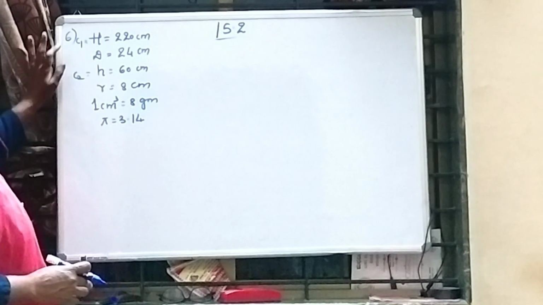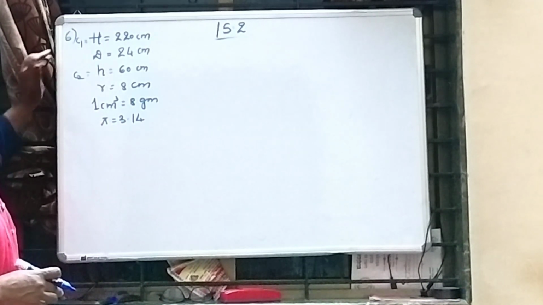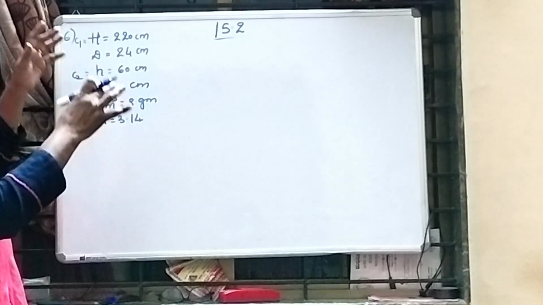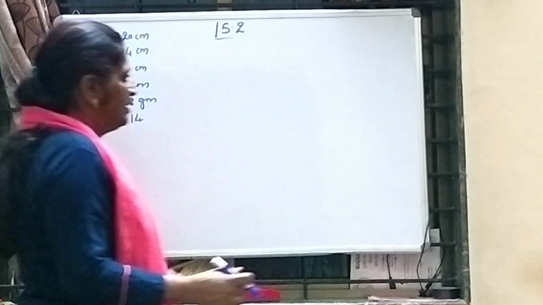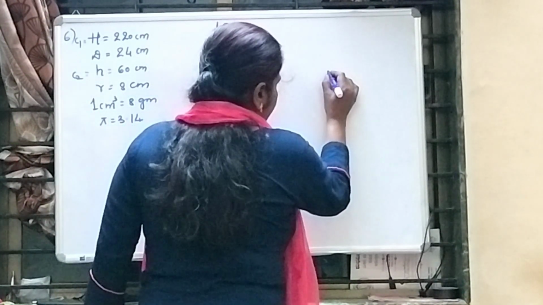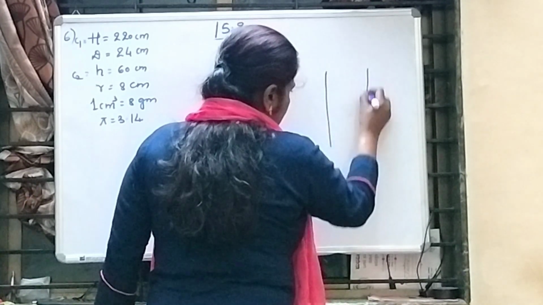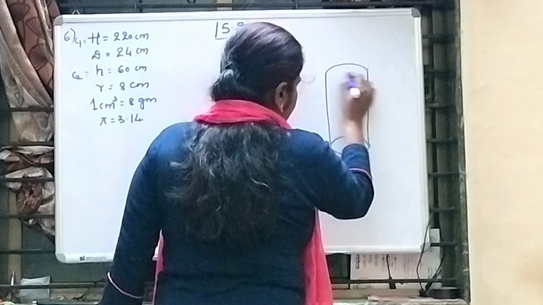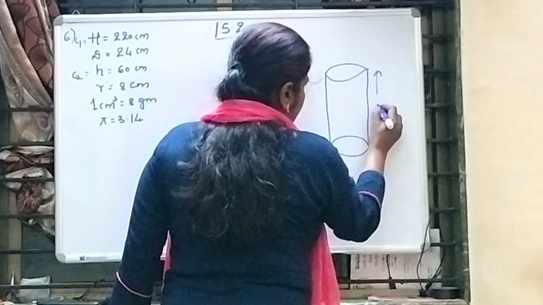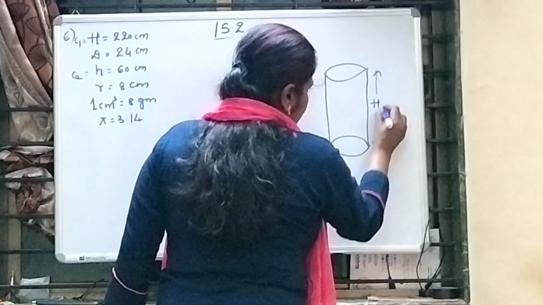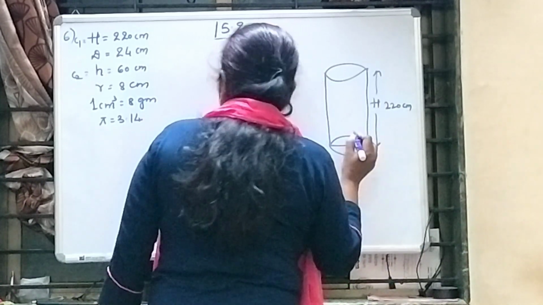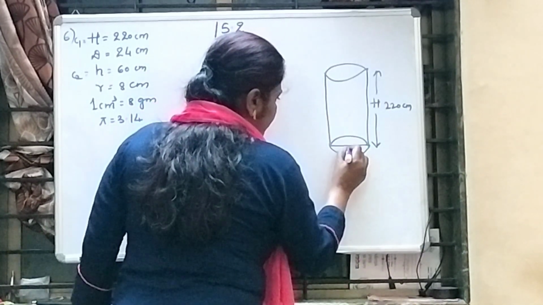Yes, children, we will continue with the sixth question. In the sixth question, there are two cylindrical iron pillars, one surmounted by the other. The first one has the height as capital H, 220 centimeters, and its diameter is 24 centimeters.